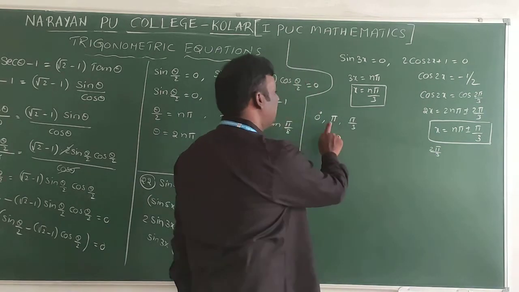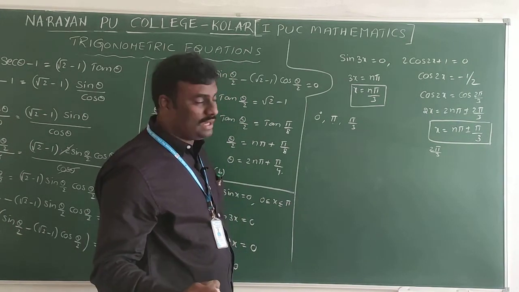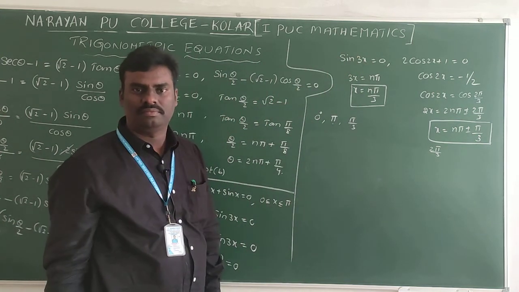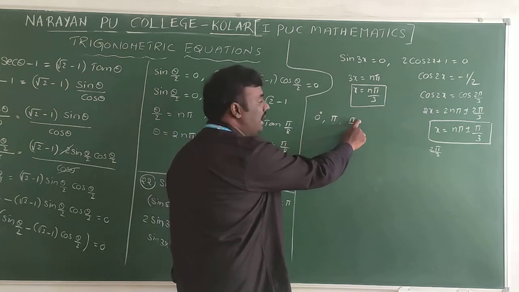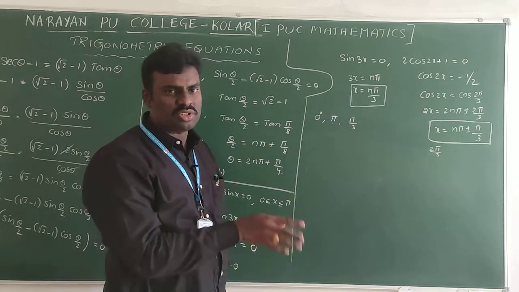Next, I am substituting pi. If you substitute pi, sin 3 pi value is 0. That also you can take. But if you substitute pi by 3, again 3 gets cancelled, so that also will be included.